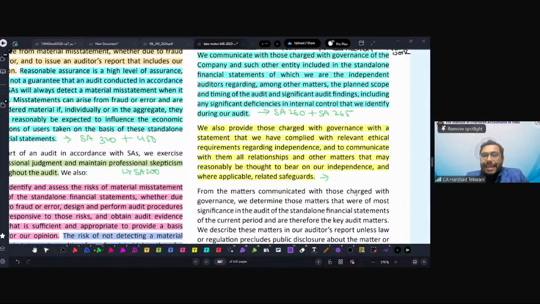It is 260 again. In SA 260, one of the parts was where we report about the ethical requirements. Remember? We report to the management that we have complied with all the ethical requirements and we are independent. So over there, we discussed this one. And this is part of SA 260 only. So that we are reiterating over here.